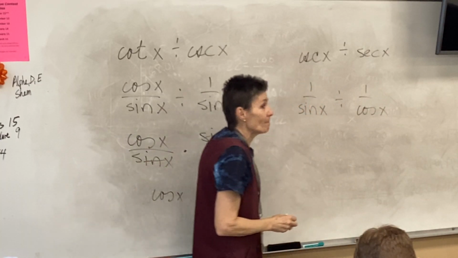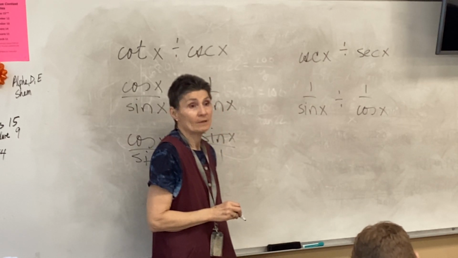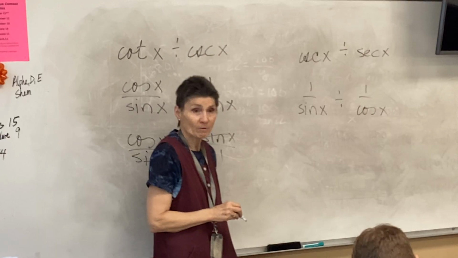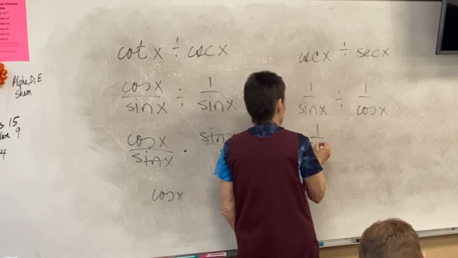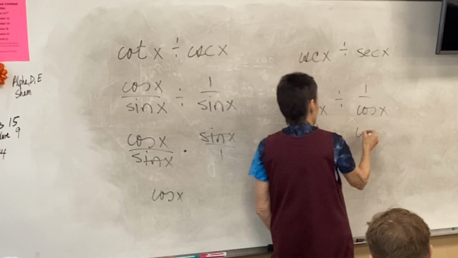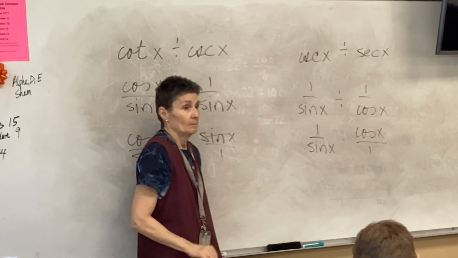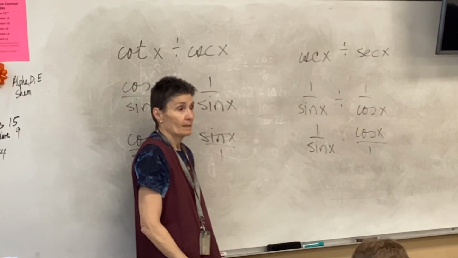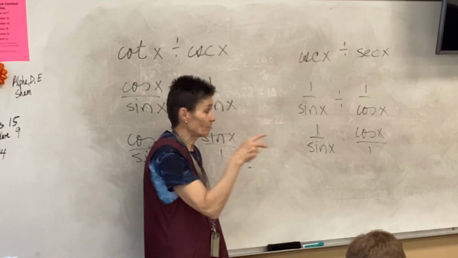So now I'm right back to where I was a second ago. I have a fraction divided by a fraction. So that will be key, change to a times, and flip. Nothing's going to cancel, so I'm just going to multiply.